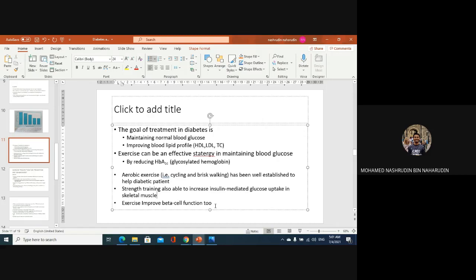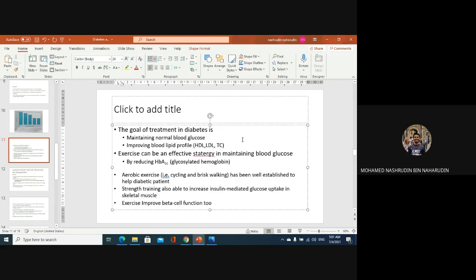Unlike any medication or pills that can only affect one or two things, exercise can give you multiple benefits. In this case, it will improve beta cell function, increase insulin sensitivity, and also improve HDL at the same time by reducing the level of low density lipoprotein, or LDL.